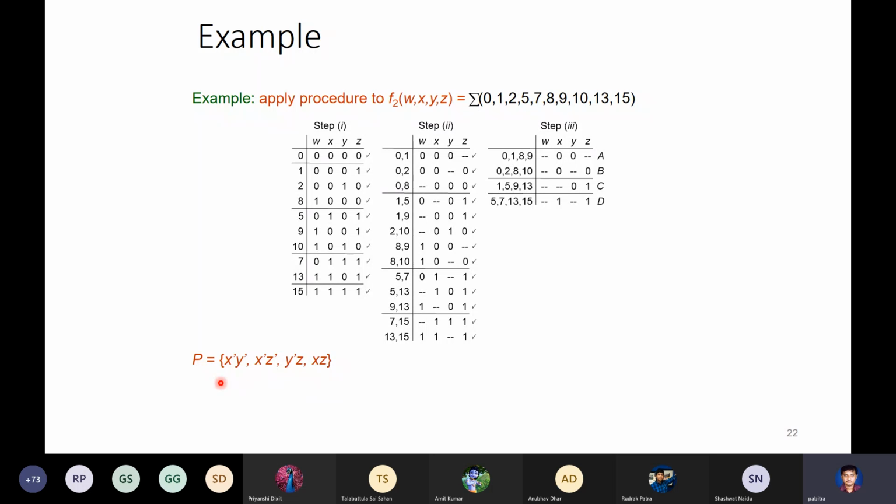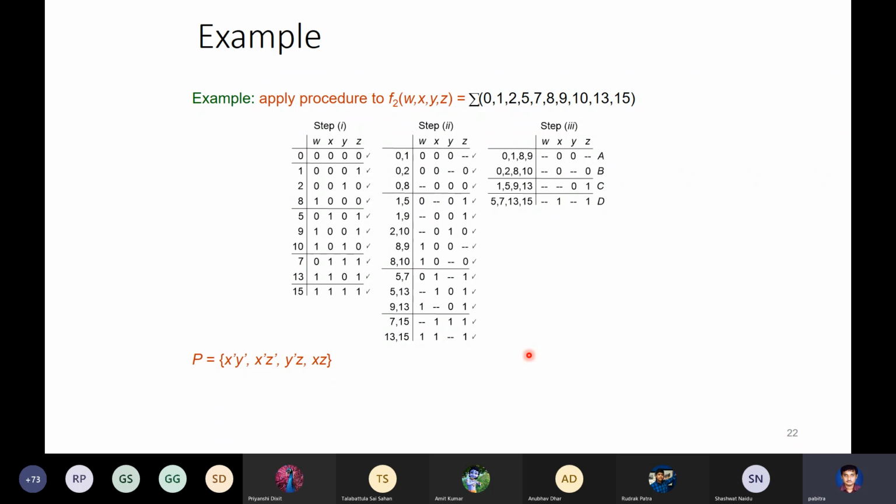So this A, B, C, D corresponds to these terms. These are my set of prime implicants. Let me call that set P. Okay. Can anybody tell me why these are prime implicants?